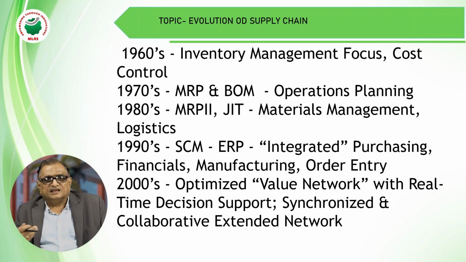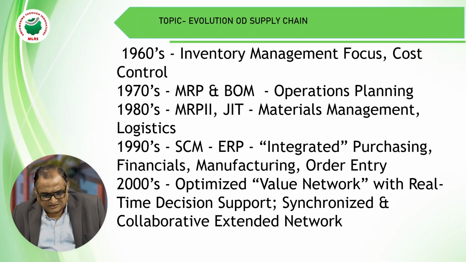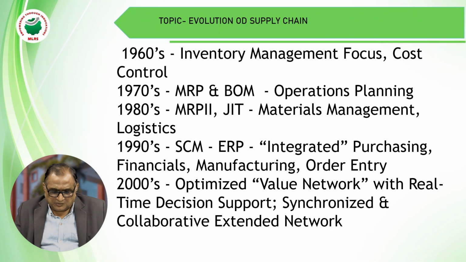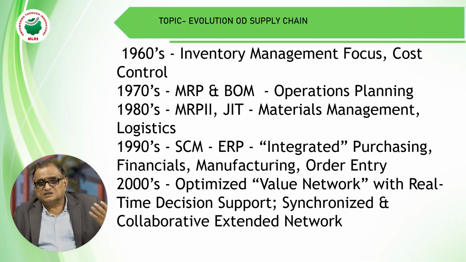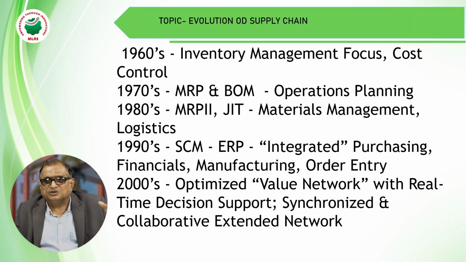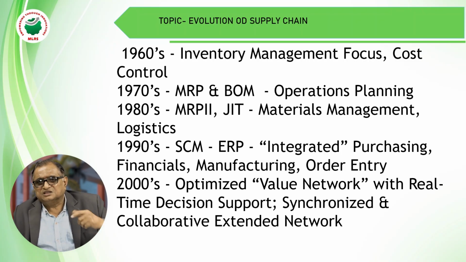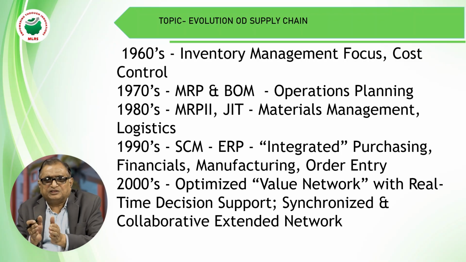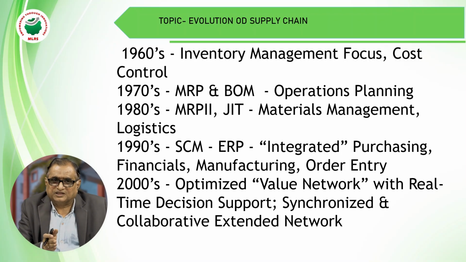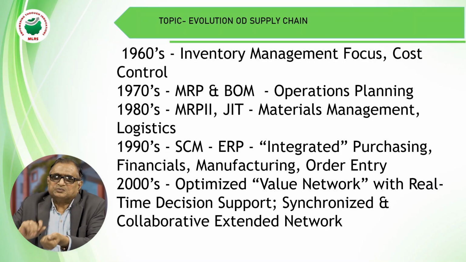Next, in the 1980s, MRP2, manufacturing resource planning, and just in time. The Japanese technology, just in time: as and when it is required, it has to be delivered. No need to maintain inventory, since inventory is a major bottleneck. As and when you require a particular material, the product has to reach you so that you can assemble or fabricate, produce and give it.